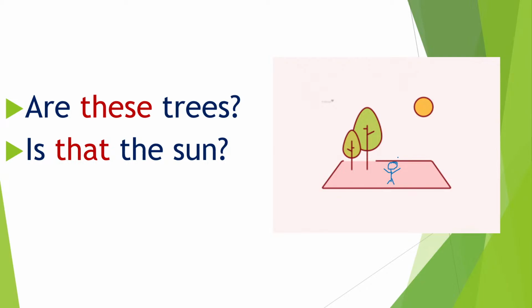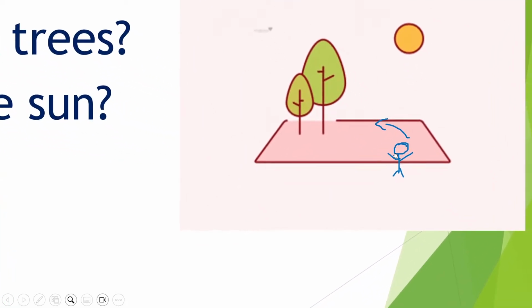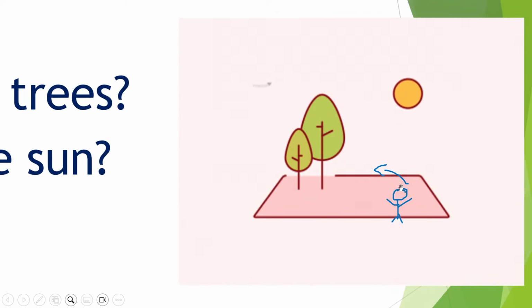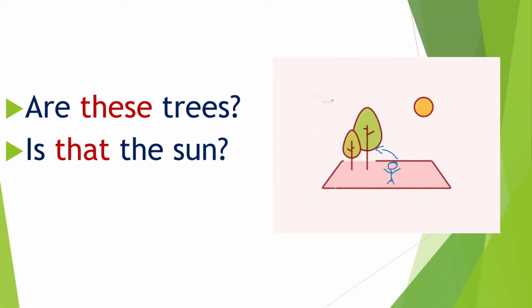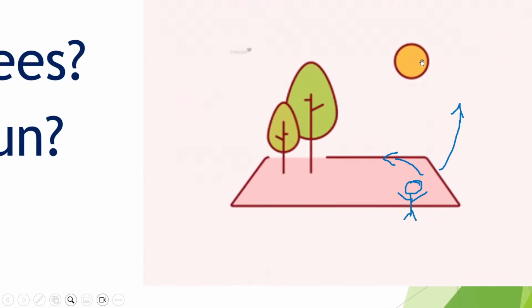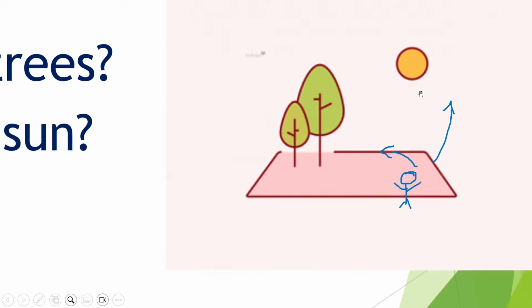And I say, hey, look, are these trees? Or I can say, oh, look, the distance is so much longer, right? So I can say, oh, look, is that the sun? It is moving, but I'm referring to the sun. So, is that the sun?